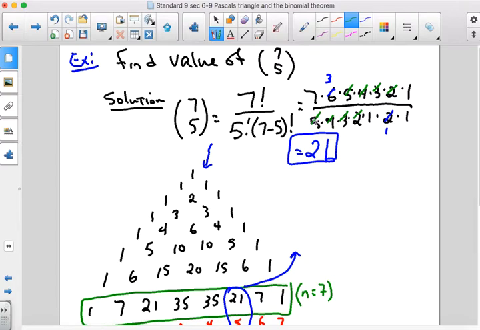And the same thing. So all the green ones matched up already. 5, 4, 3, 2, 1s are all gone. 6 over 2, the blue ones right here, become 3 over 1. And I'm left with 7 times 3 in the top, all over 1. 7 times 3 is 21.